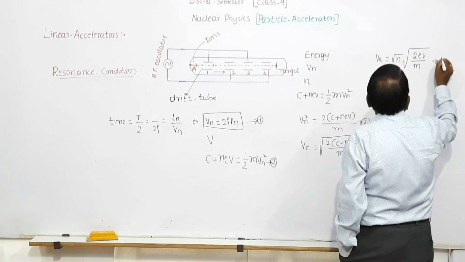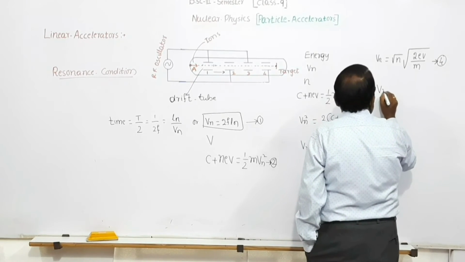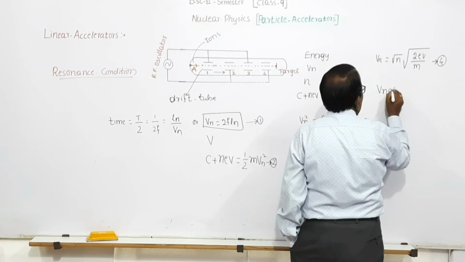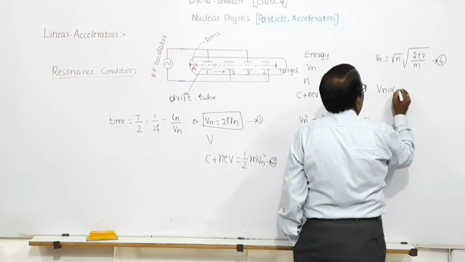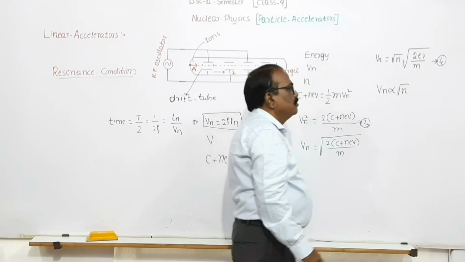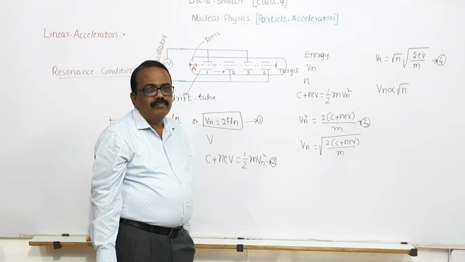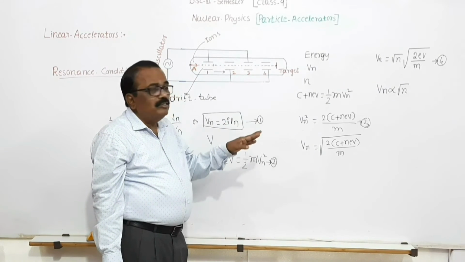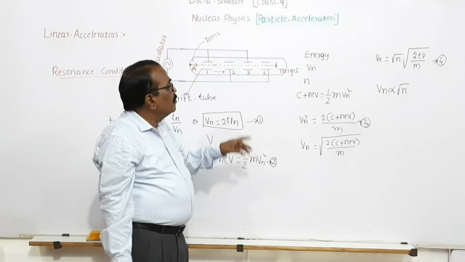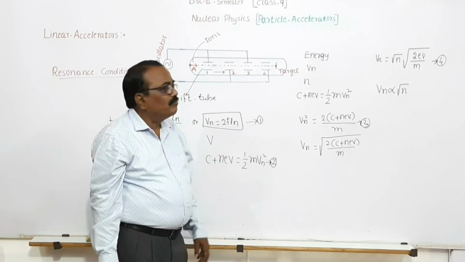So call this equation as 4. That means the velocity of the ion in the nth tube is directly proportional to the square root of the number of gaps. It means energy depends on the number of gaps in the linear harmonic oscillator.